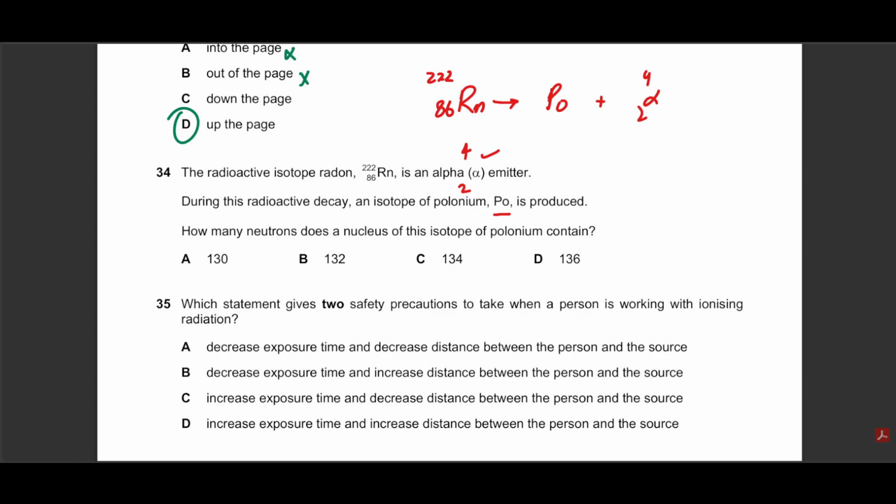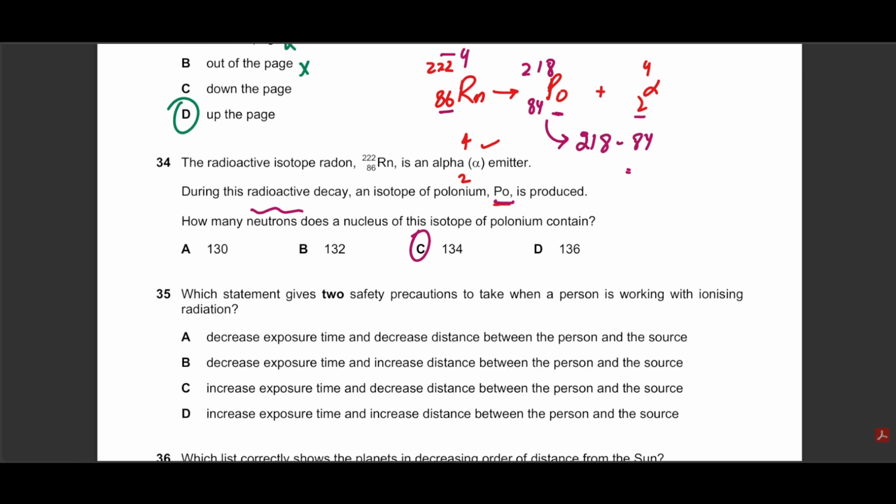So it's just a matter of algebra. We realize that 222 minus 4 gives me 218, and 86 minus 2 gives me 84. Since we're interested in the neutrons of polonium, we can now subtract 84 from 218 because this is what we know today. So it's a 2-step question. When you do that, it's going to be 134.